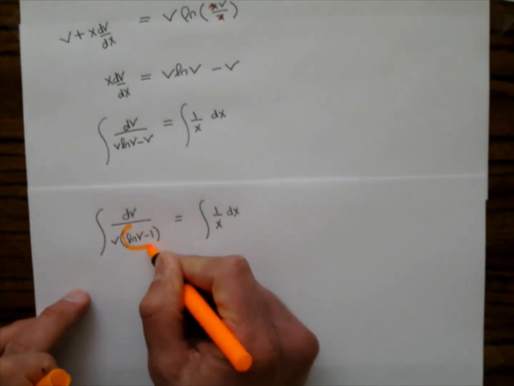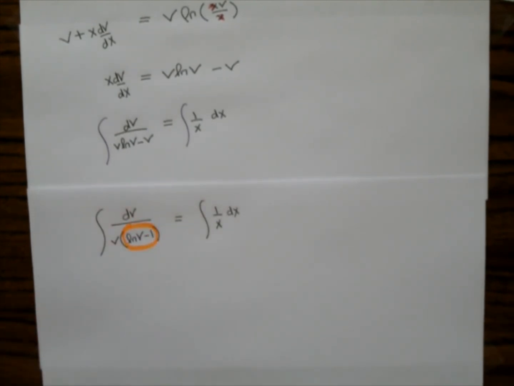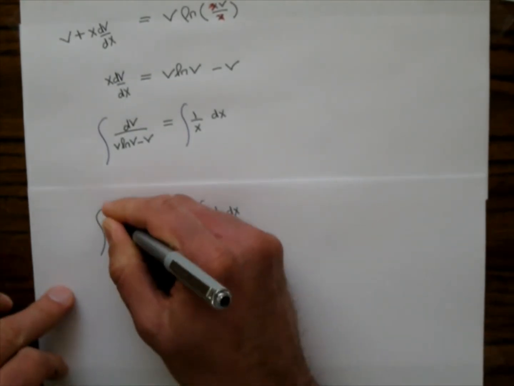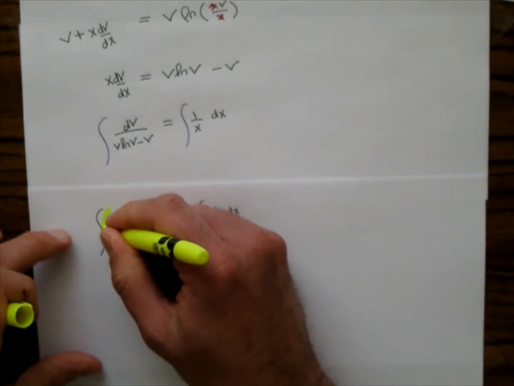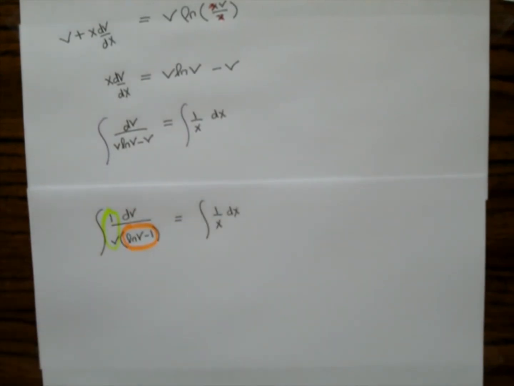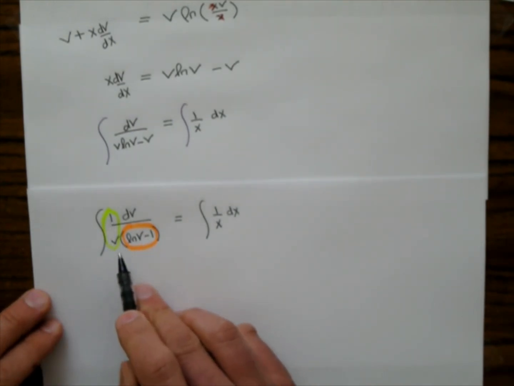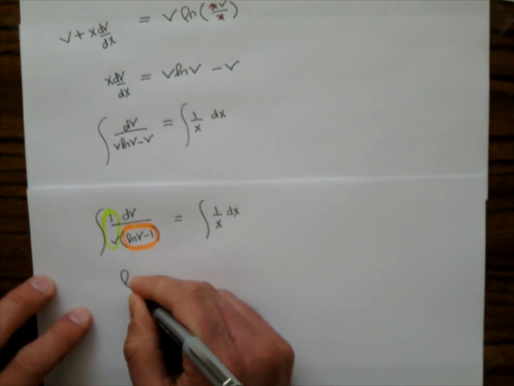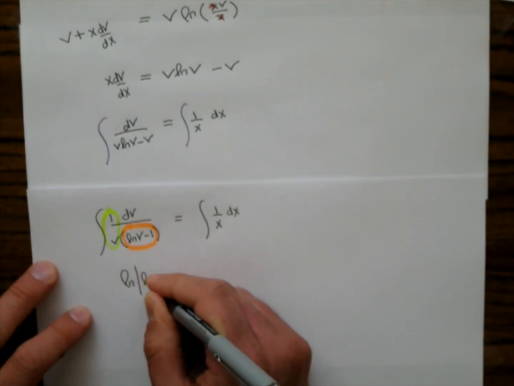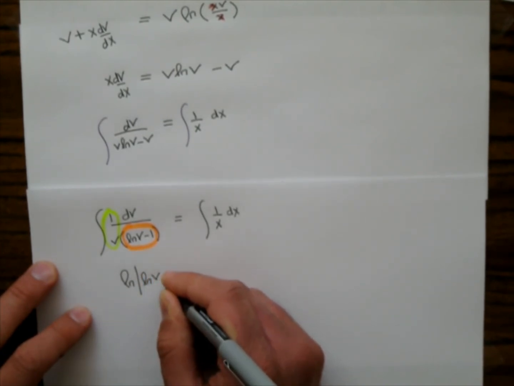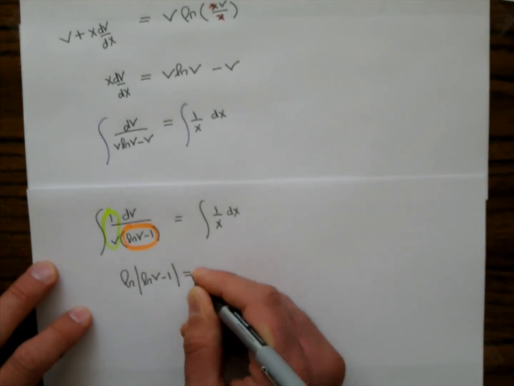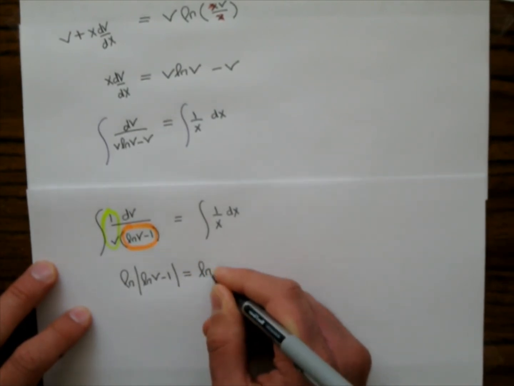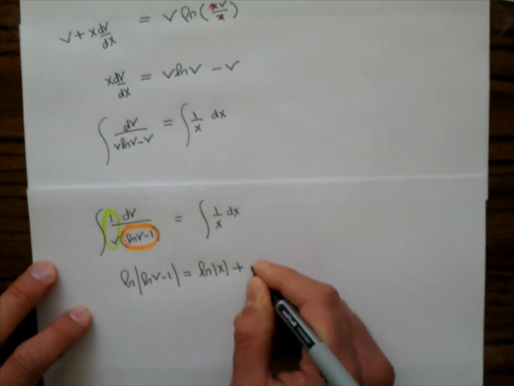The derivative of that is actually 1 over v minus 0. The derivative of the ln v is 1 over v, so that's going to disappear, and I'm going to have the ln of that orange thing. And so let's go ahead and write that down. ln of the absolute value of ln v minus 1 equals the ln absolute value x plus c.